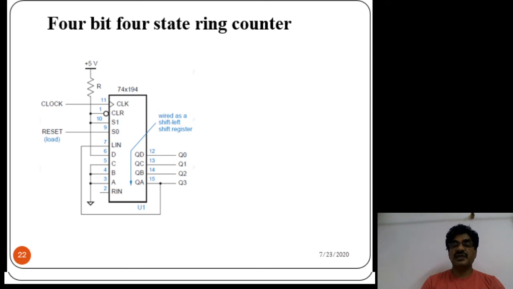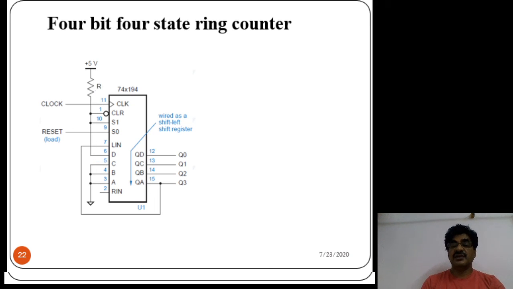Initially, the first state I am going to load into the counter is 0001. To load it, that state has to be maintained at the input. Therefore A is 0, B is 0, C is 0, that is 000, and the LSB bit is 1, so it is connected to 5 volts VCC.